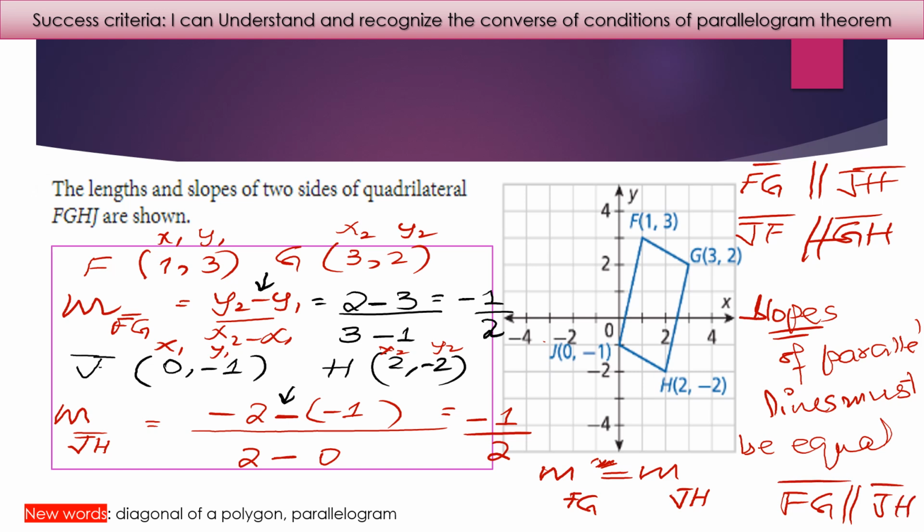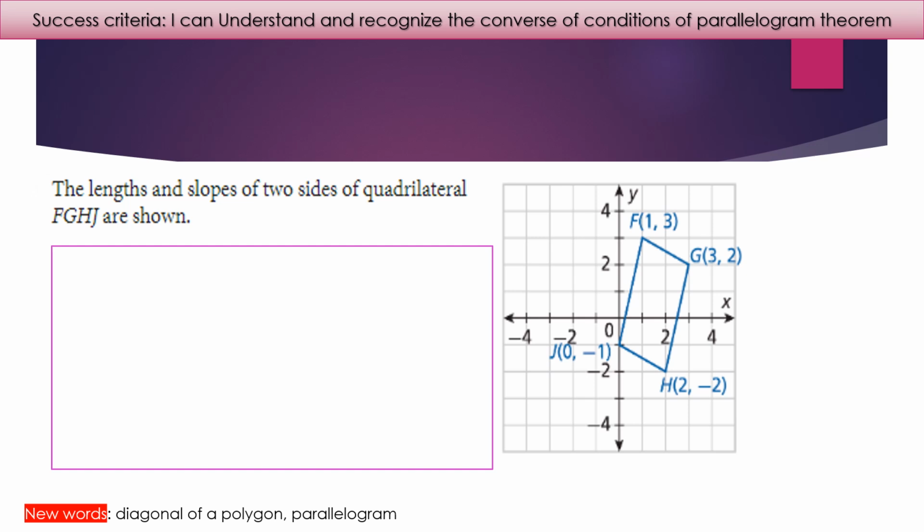So now I have found that these two lines are parallel to each other by finding the slope. Let's pause the video and determine if the other two lines are parallel to each other or not. Let's prove that FJ is parallel to GH.